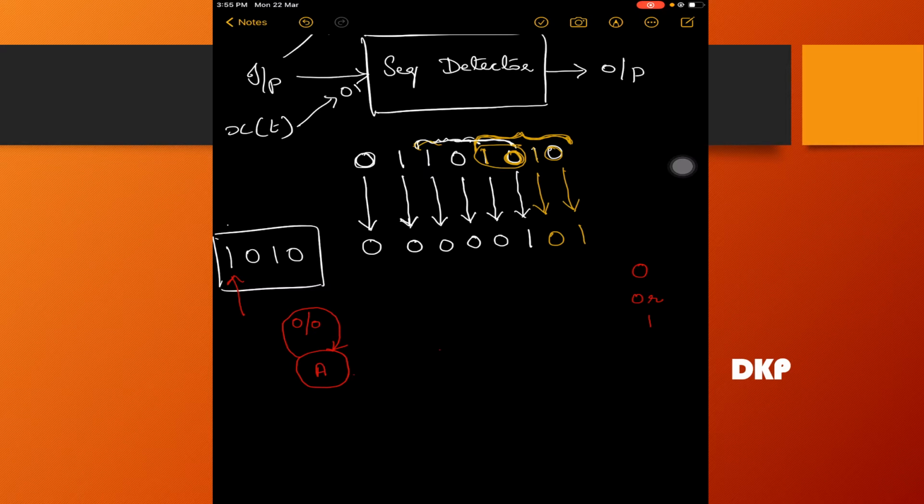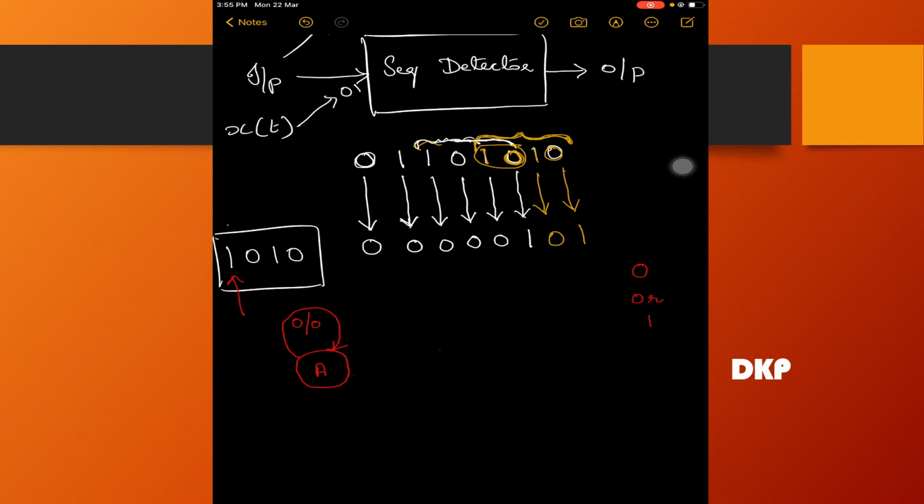Now, if the input bit is a 1, I told you there are only two possibilities for the input, 0 and 1. The first case, 0, is over. Now, if we give the input 1 to the sequence detector, the detection process starts.